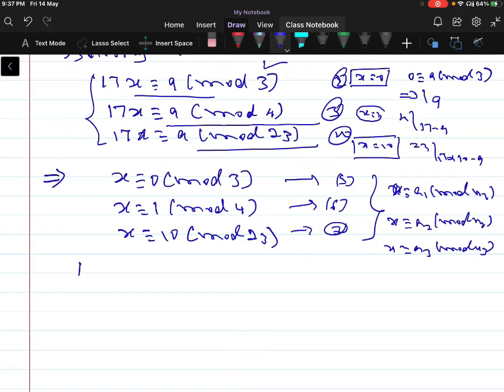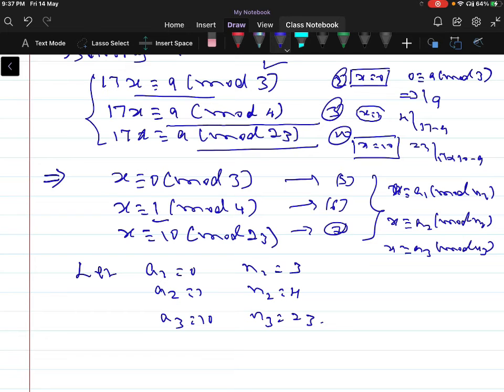So let us take a1 equal to 0 and n1 equal to 3, a2 equal to 1 and n2 equal to 4, a3 equal to 10 and n3 equal to 23.